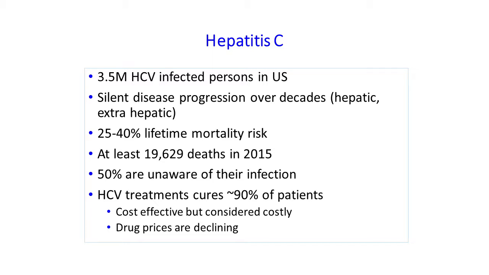Longer follow-up studies indicate that cirrhosis develops in 10 to 20% of persons during the first 20 years of HCV infection. Highly effective treatment regimens with direct-acting antivirals, or DAAs, targeting key proteins have reached cure rates of up to 90% even in patients with advanced liver disease.